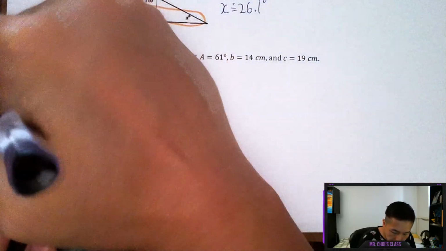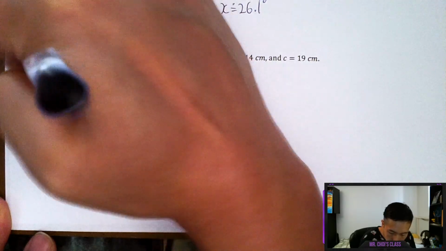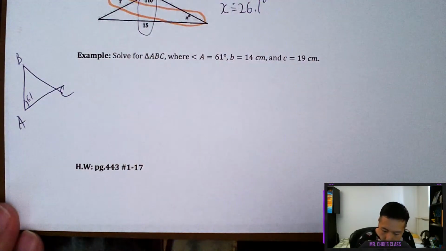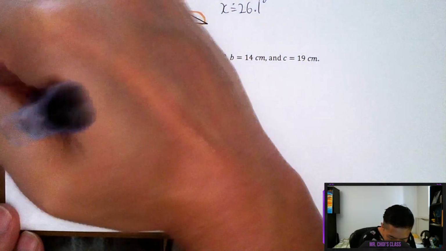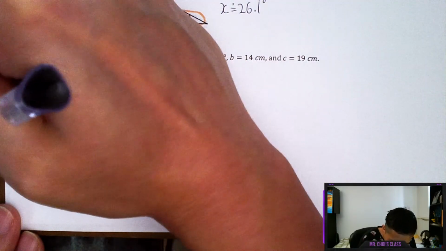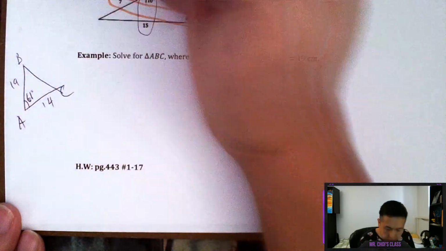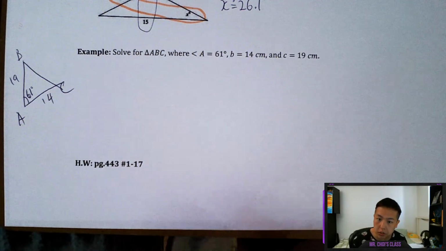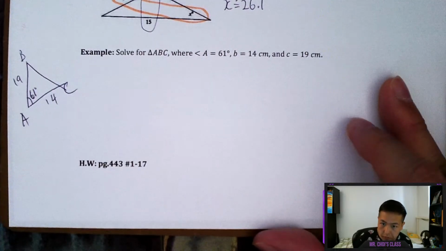It says angle A is 61. Side B is 14, and side C is 19. Okay? And it asks us to solve it, which means we need to find everything that's missing.